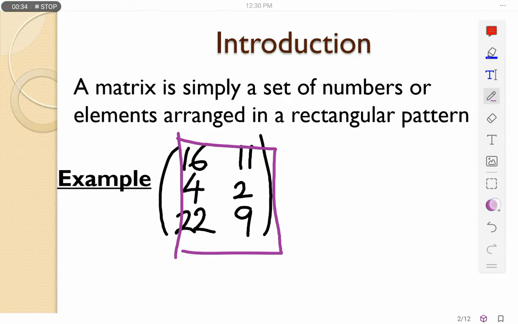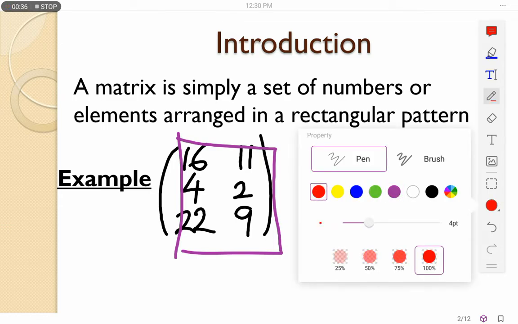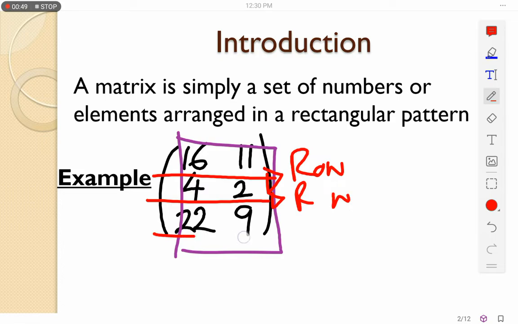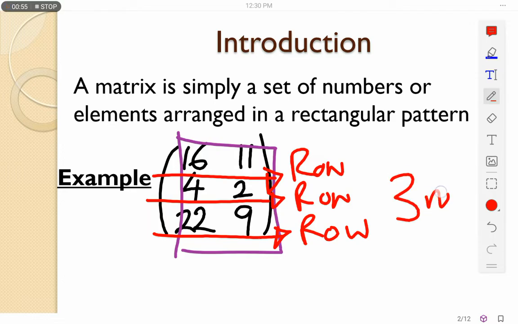So with this as our pattern, we have some rows. Rows are the ones that go horizontally like this. So this is a row, this is another row, this is another row. Okay, so this matrix has got 3 rows.